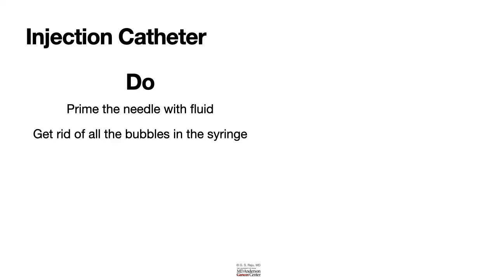So we have learned a lot. I want to summarize some of the do's and don'ts about injection catheter and saline injection. Do prime the needle with fluid. Get rid of all the bubbles in the syringe. Hold the syringe facing down to avoid bubbles escaping out.